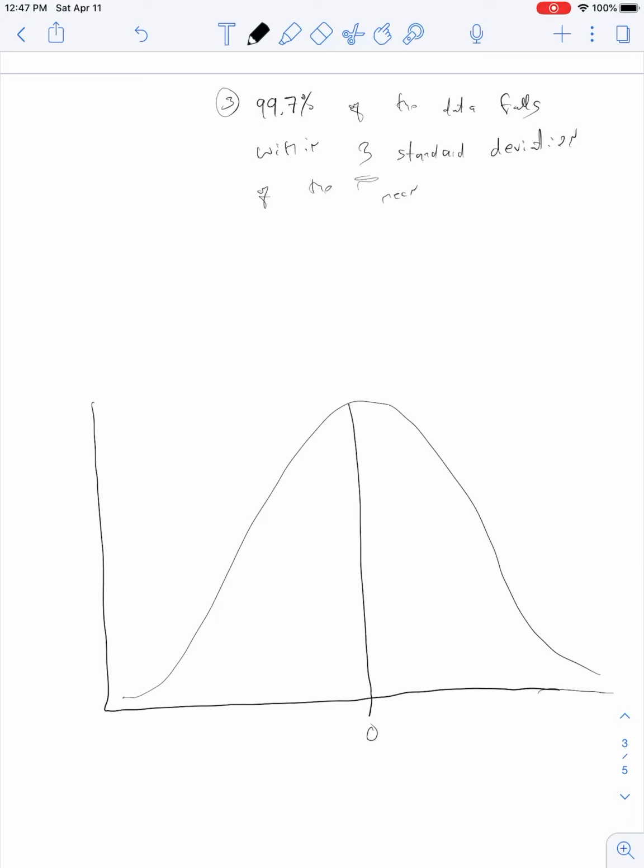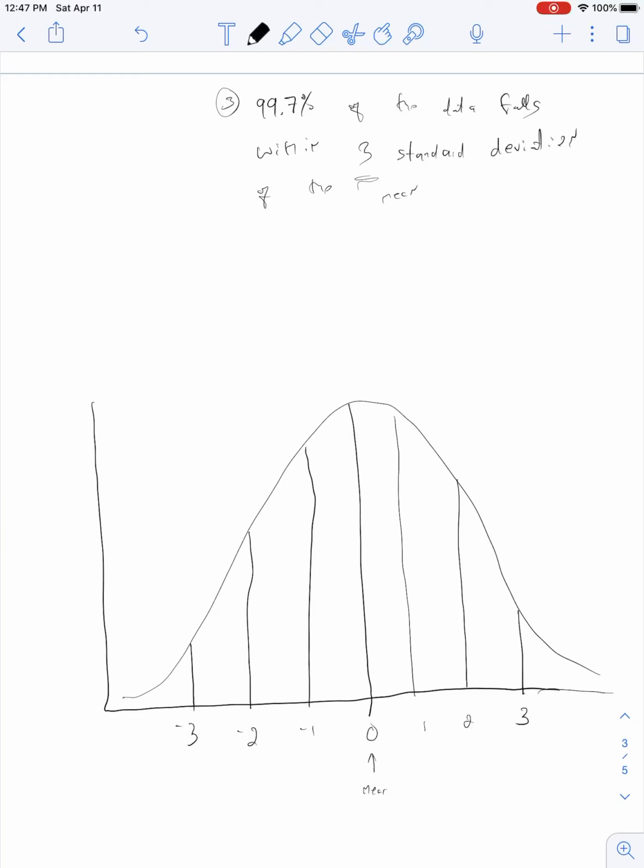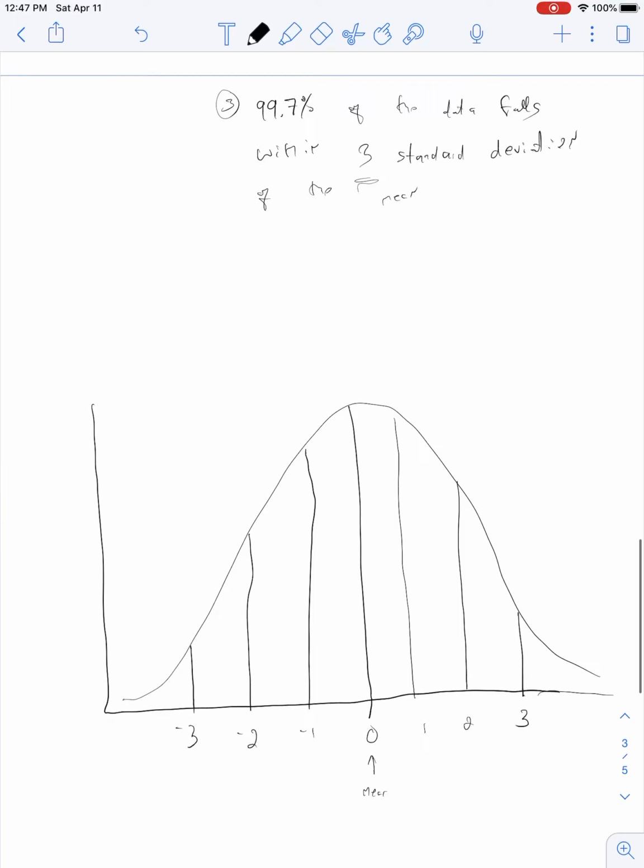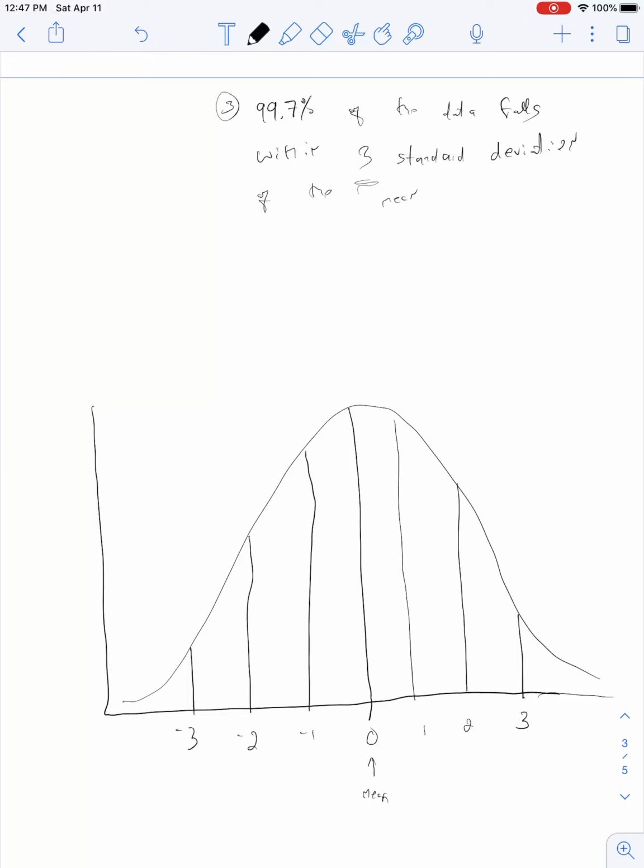We're going to go 1, 2, 3 standard deviations to the right, and then -1, -2, and -3 standard deviations to the left of our mean.